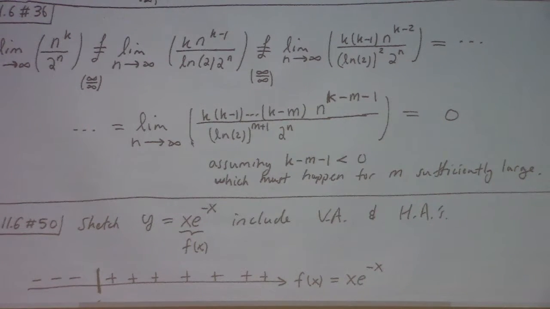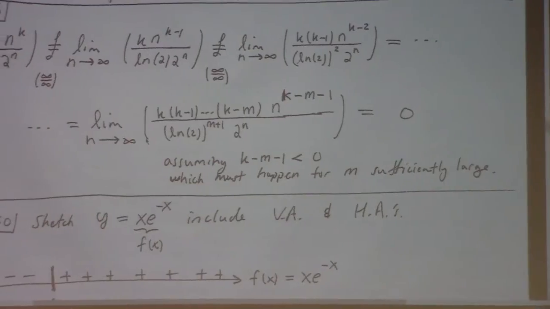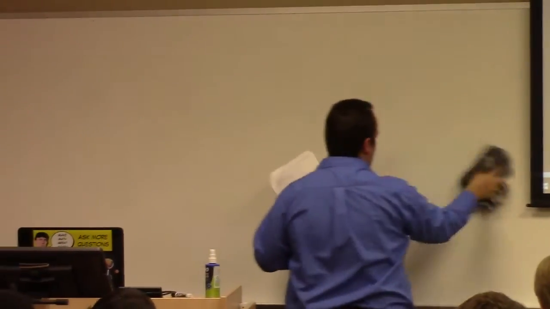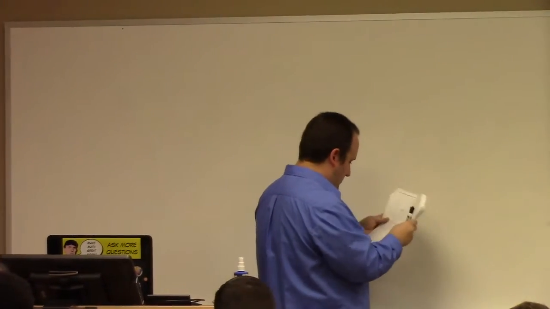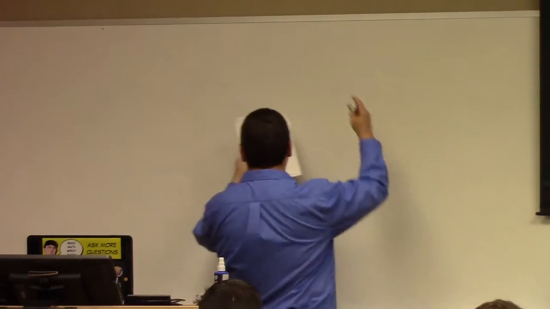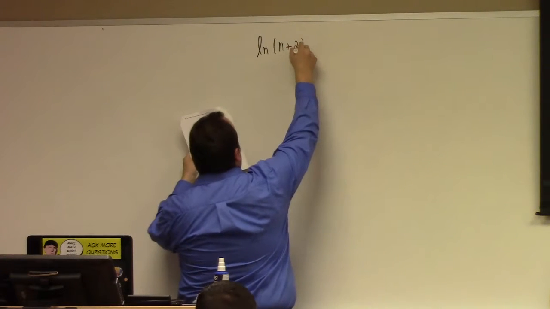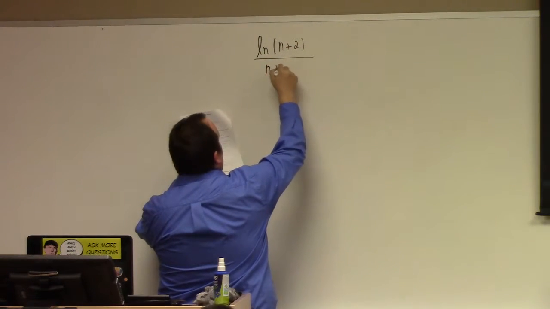All right. 37. 11-2. Let's see here. We have the natural log of n plus 2 over n plus 2, right?